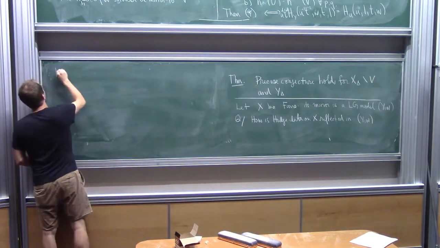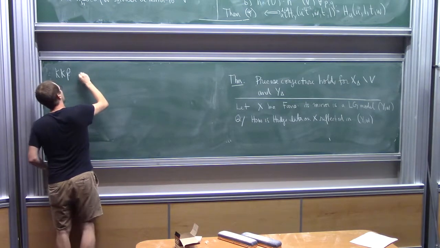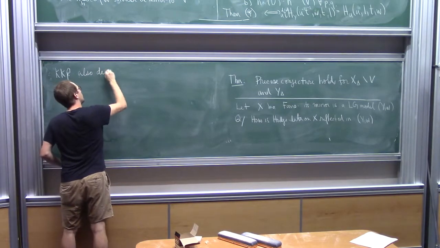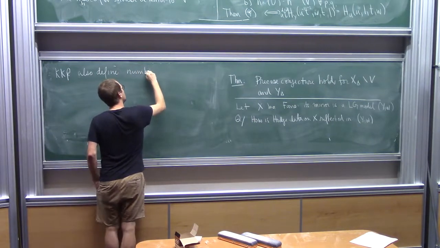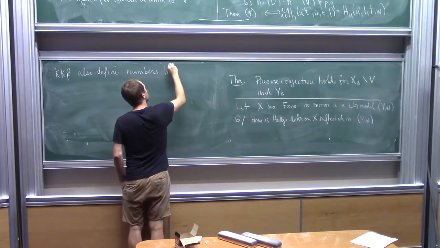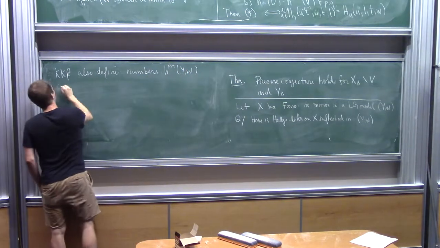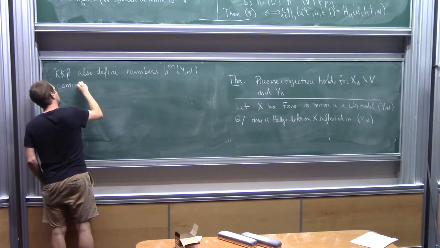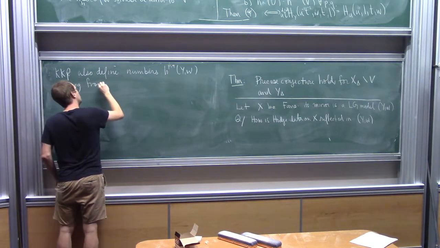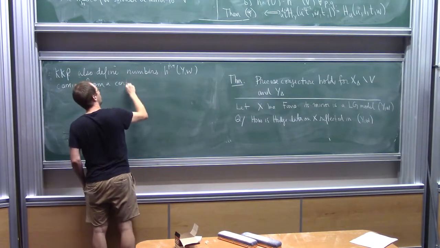So KKP, Katzarkov, Kontsevich, and Pantev, also define numbers h^{p,q}(Y, W), coming from the monodromy of the relative cohomology, from a certain monodromy filtration.